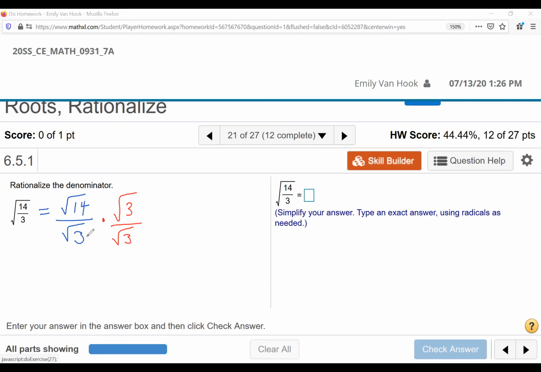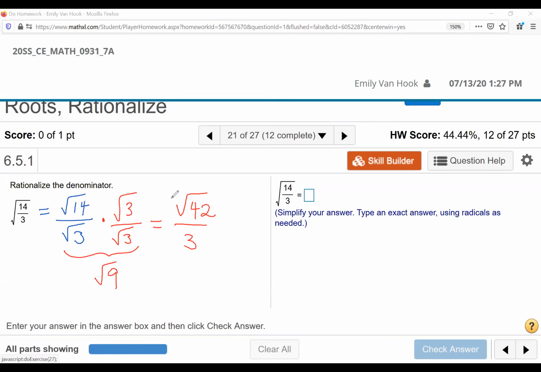In this case, that's the square root of 3. So we're multiplying by the square root of 3 over the square root of 3. The square root of 3 times the square root of 3 is the square root of 9, but we just get to write 3. In the numerator, the square root of 14 times the square root of 3. 14 times 3 is 42, so it would be the square root of 42.